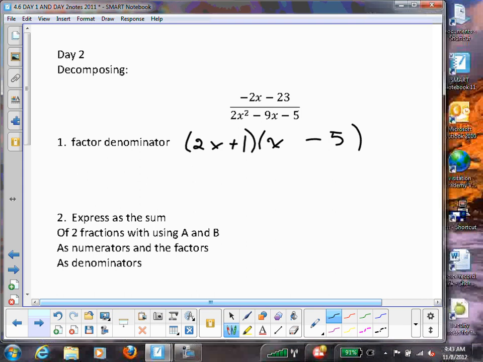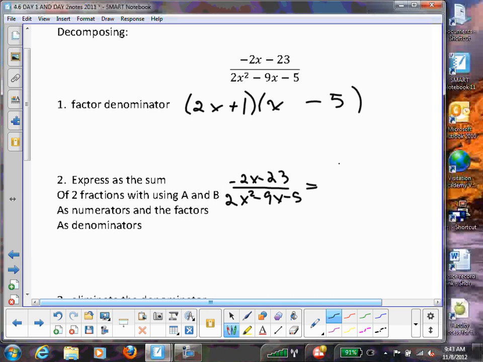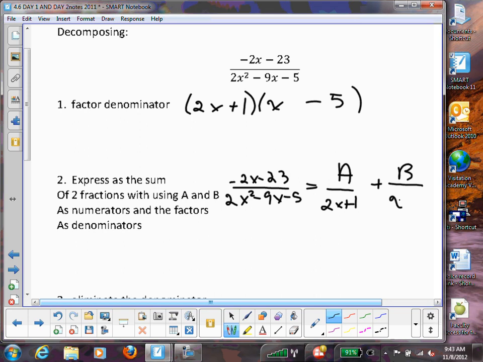So, okay. Express the sum of two fractions using a and b as the numerators and the factors as the denominators. So basically, I'm going to say that negative 2x minus 23 over 2x squared minus 9x minus 5 is going to equal a over, pick a factor, 2x plus 1, plus b over x minus 5.